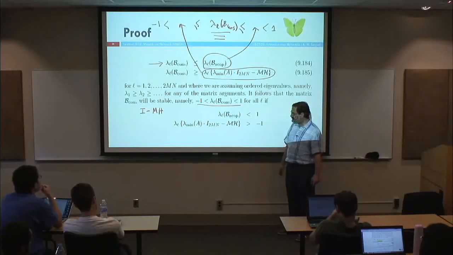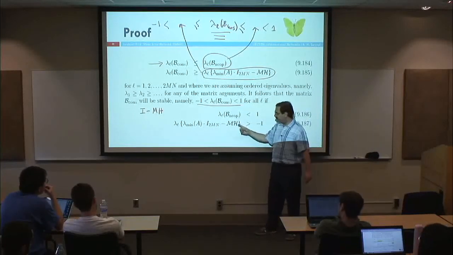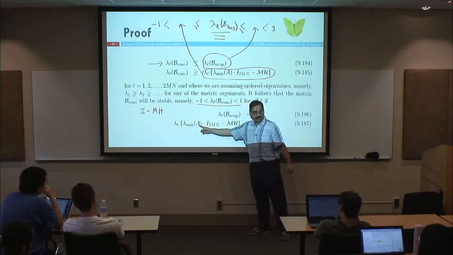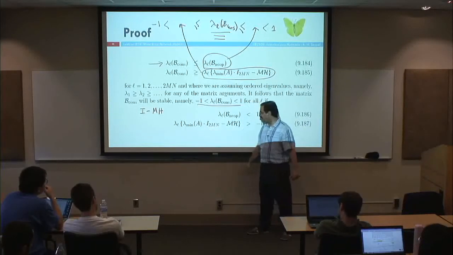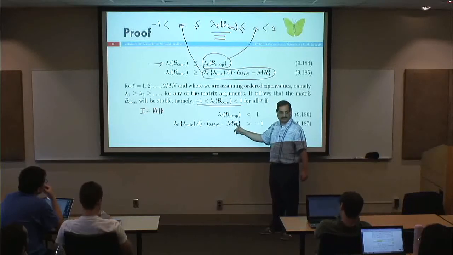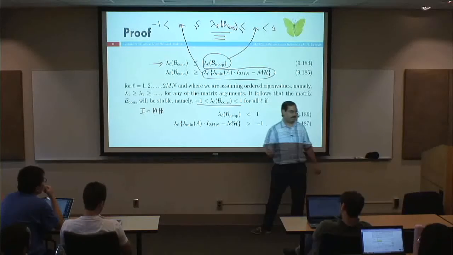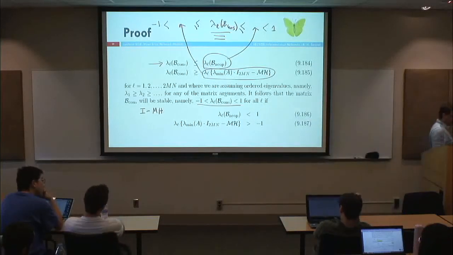What about the second condition? What are the eigenvalues of this? Well, lambda min of A minus mu times some eigenvalue of H, correct? Okay, you want that eigenvalue. So this is just some simple algebra here.